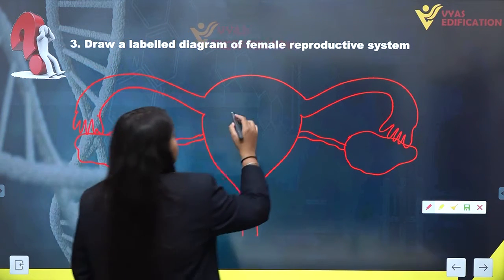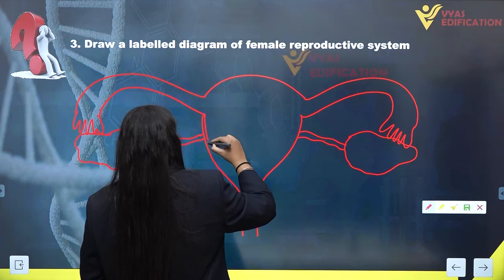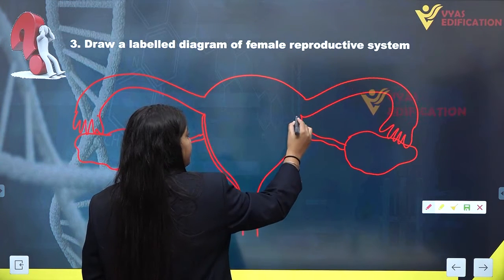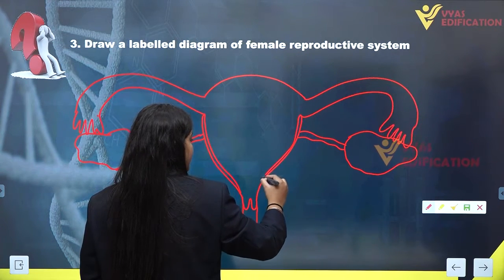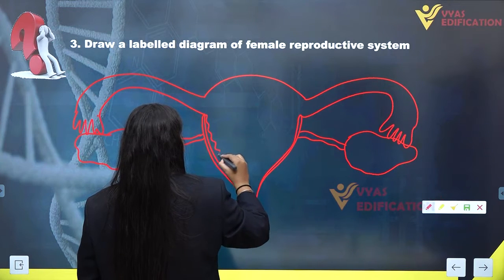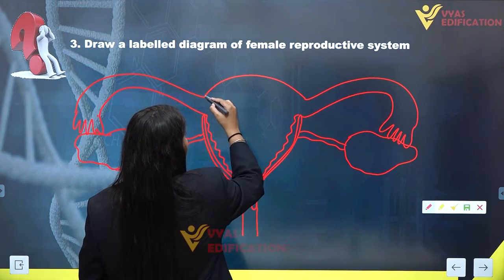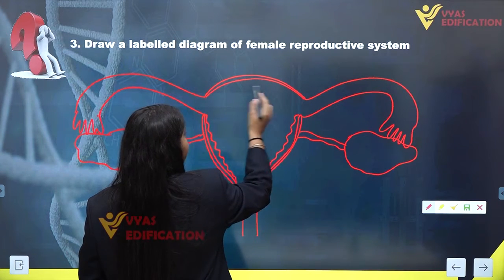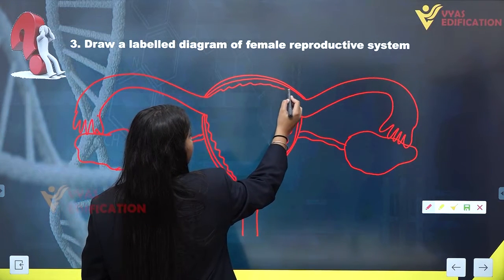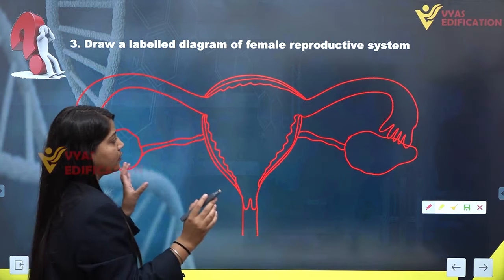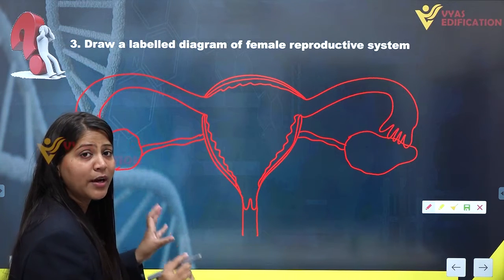Now we are going to make the layers inside the uterine cavity. So this is the structure of the female reproductive system.